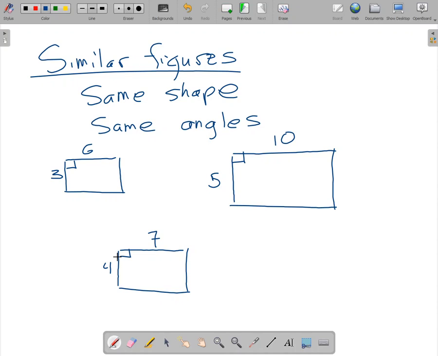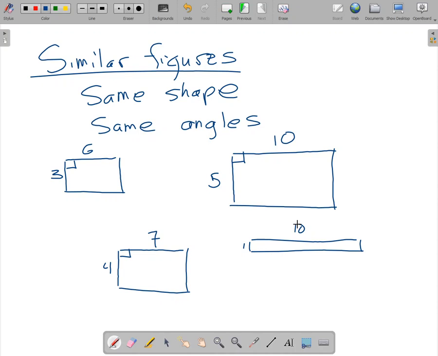So for example, maybe I make one that's 1 by 10. Is that the same shape? So I would say yes and no. They are all rectangles, so they're the same shape in that regard, but they're not technically the same shape because I can't shrink one down or blow one up to make the other without distorting it.